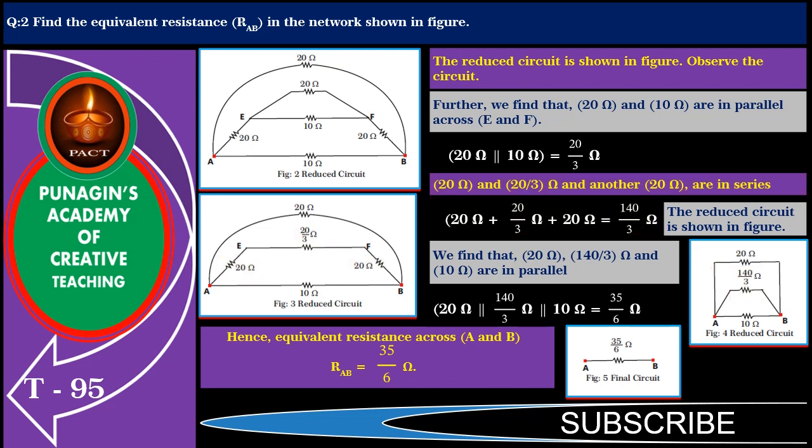Finally, we find that 20 ohm, 140 divided by 3 ohm and 10 ohm are in parallel and their equivalent is 35 divided by 6 ohm. Hence, equivalent resistance across A and B is 35 divided by 6 ohm.